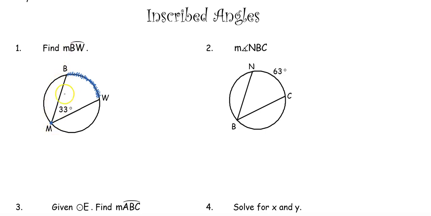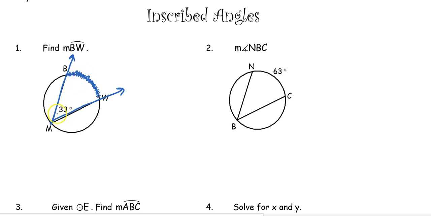So when I see this, the ray that forms that angle from here to here is creating this intercepted arc. Now this angle is half of the arc measure. So if I'm given the angle, think about which one is bigger, which one's smaller.